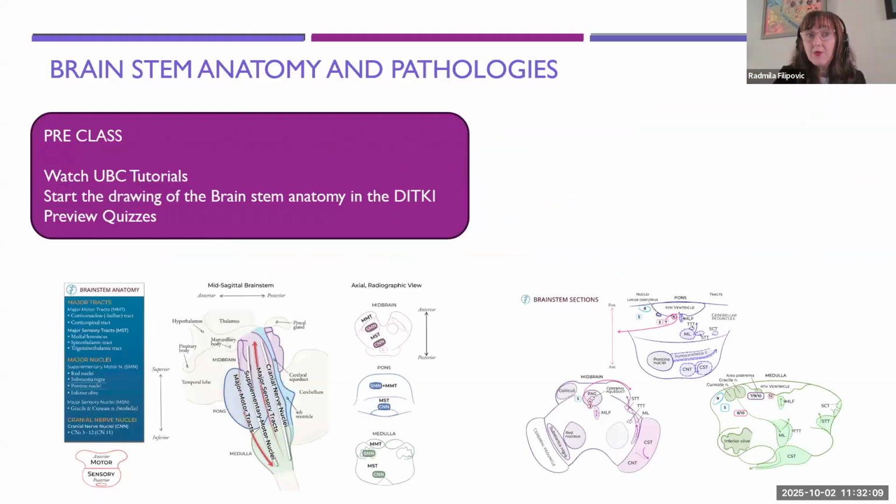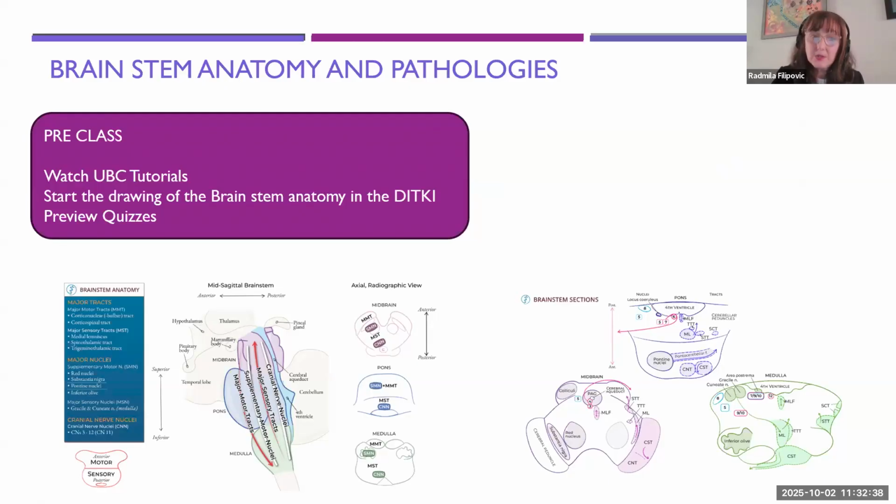And to go back to the brainstem anatomy, those are some examples. The brainstem anatomy tutorials are absolutely phenomenal. Besides Draw It to Know It, I also ask students to watch these University of British Columbia tutorials, because I found them very, very good and very useful for understanding functional neuroanatomy.